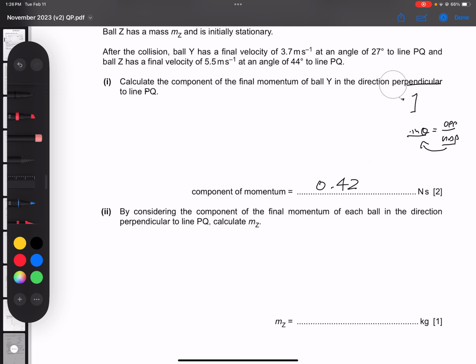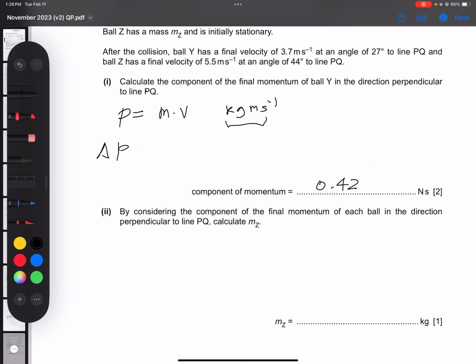Also, please don't get confused by Newton seconds, okay? Momentum can equal two things. Momentum can be mass into velocity, right? Mass is kg, velocity is meters a second. So these are the base units of that. While the change in momentum could also equal force into time, right?